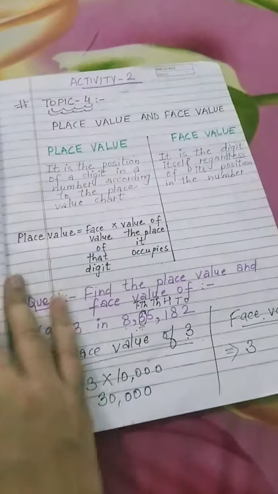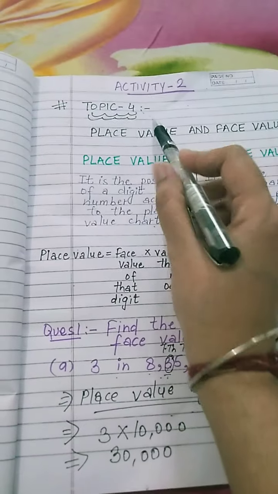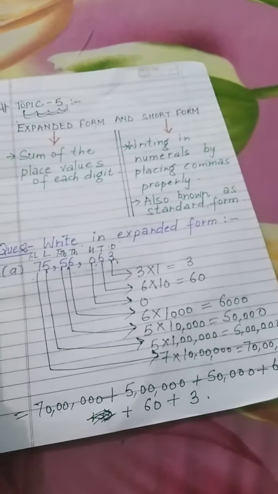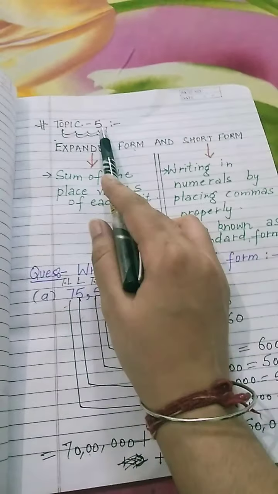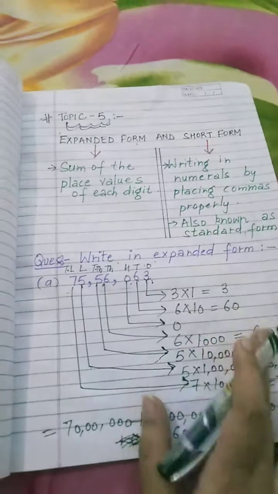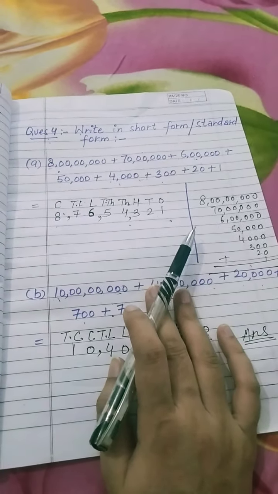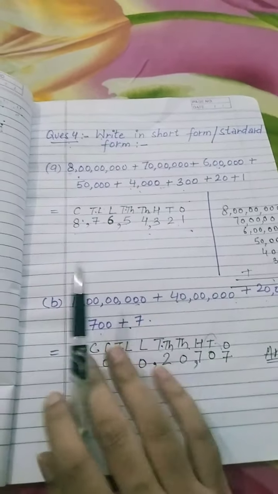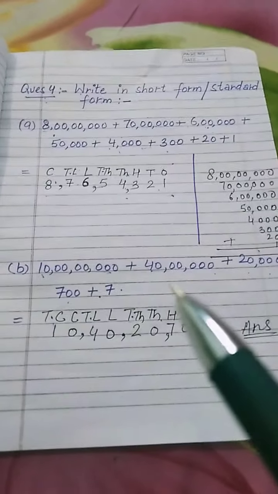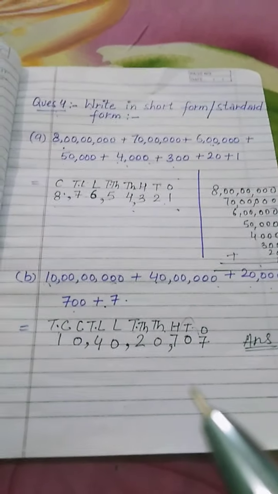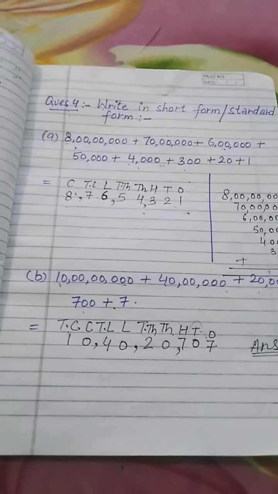Topic number 4 was place value and face value. Then topic number 5, the last topic, was expanded form and short form. I hope you all understand all the topics and the questions which I have solved. That's all for today, and we'll discuss the rest of the topics and questions in our next class. Thank you.